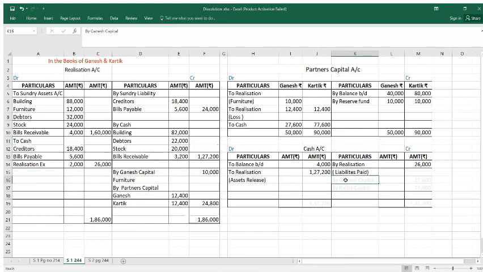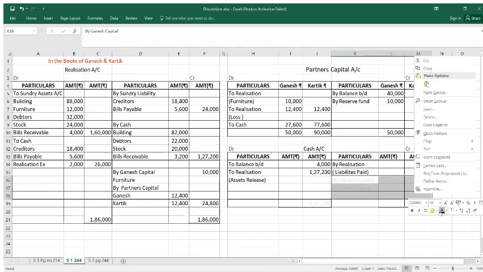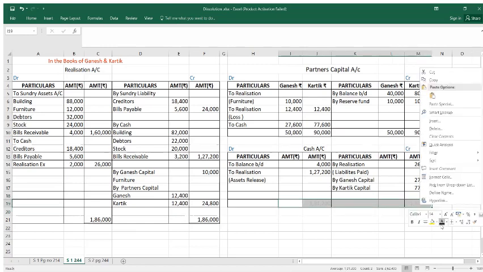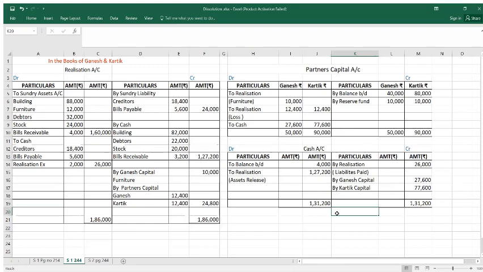So the ledger posting to the cash account will be by partners capital Ganesh 27,600 and Karthik 77,600. So now we're going to take the total of cash account, that is 1,31,200. In this way, the cash account will get tally.